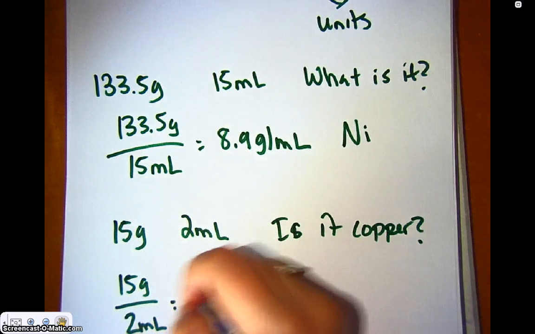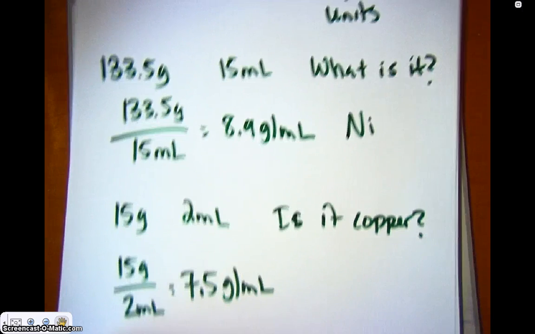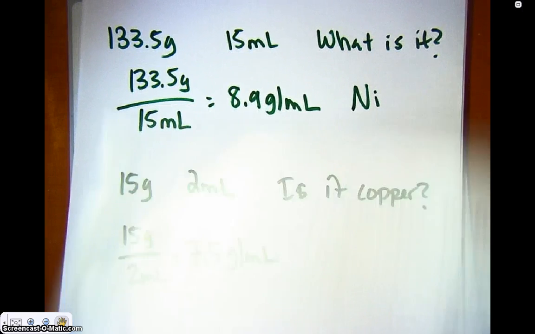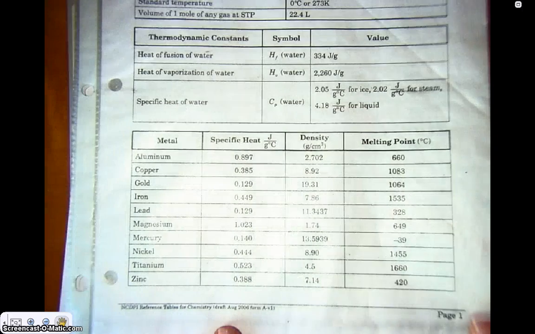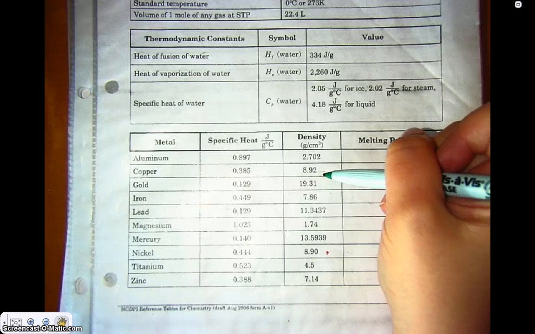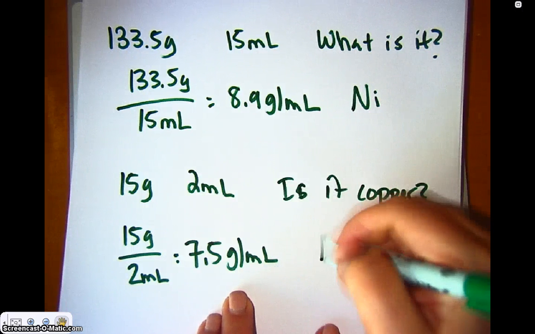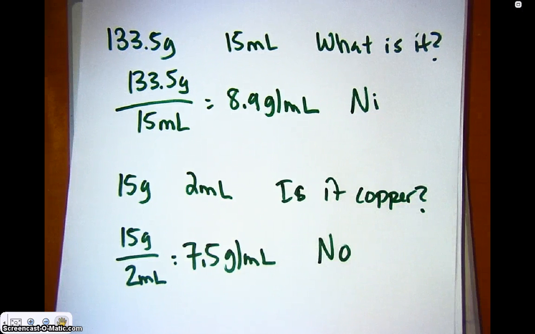I don't need a calculator for this. And I get 7.5 grams per milliliter. Now, if I look at my reference table, I see copper has a density of 8.92 grams per centimeter cubed. So we would say, based on the fact that the density is much less, that no, this is not copper. Right?